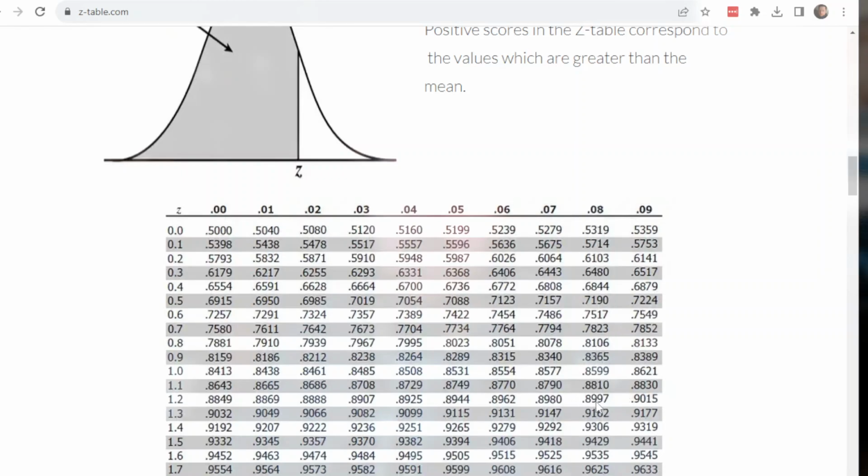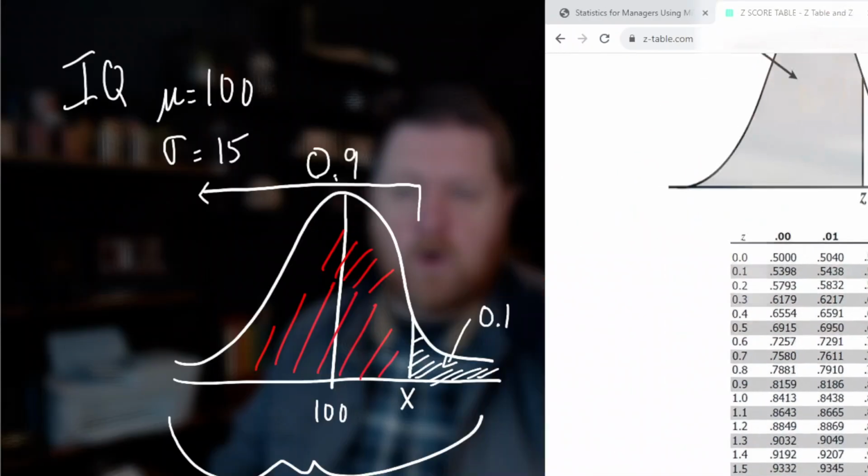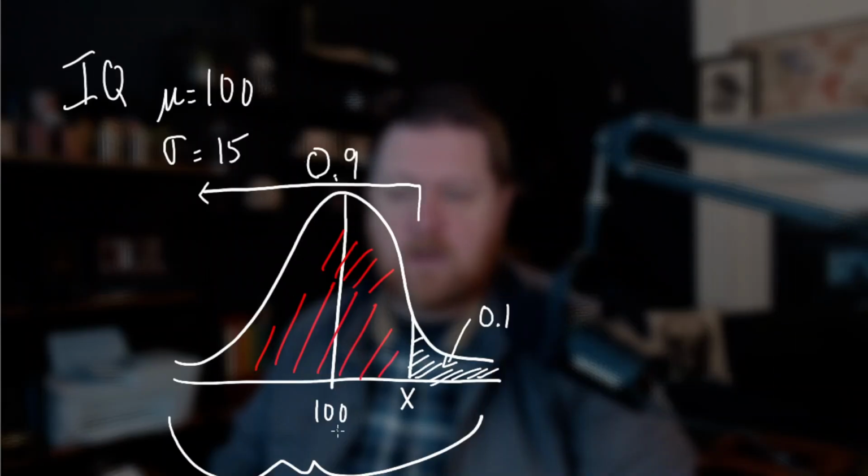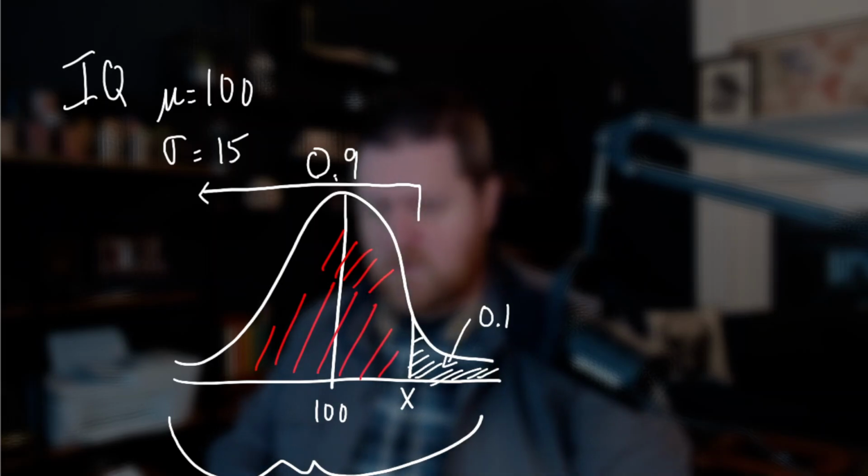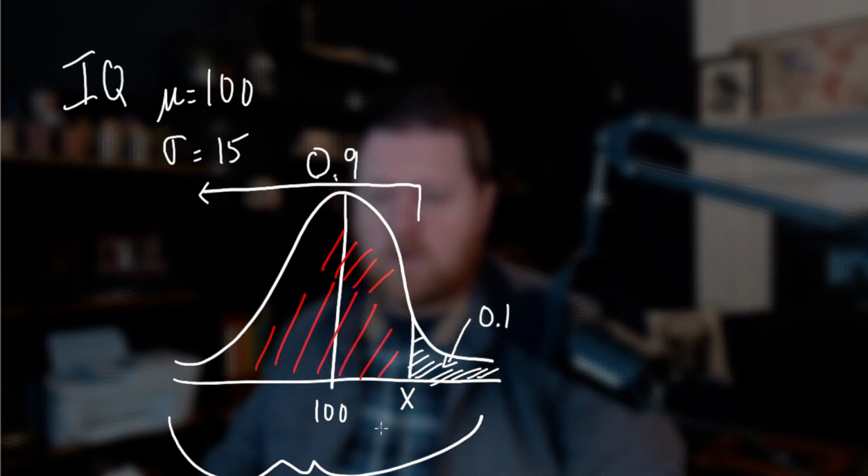1.28. Everybody see how we're getting that, right? We go find the area that's closest to what we're looking for, that 90%, and we say what z-score gives us that area. It's 1.28. So then we know, coming back over here, that the z-score for this x is 1.28.